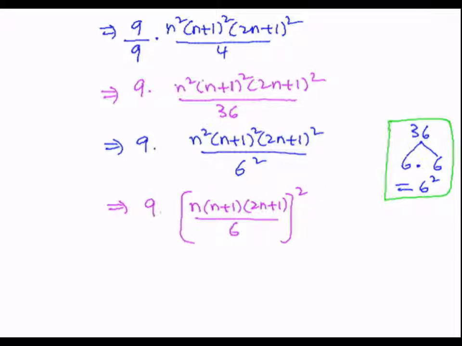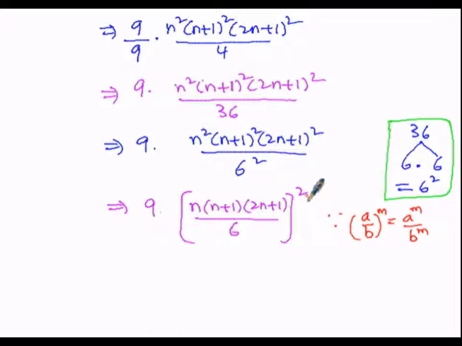Here a by b whole power m can be splitted as a power m divided by b power m. So here it is in the form of n square, n plus 1 whole square, 2n plus 1 whole square by 6 square. Here a power m and b power m have the same exponents, so I wrote it as the single exponent. Since the exponents are 2 each, I wrote the exponent as to the power of 2.